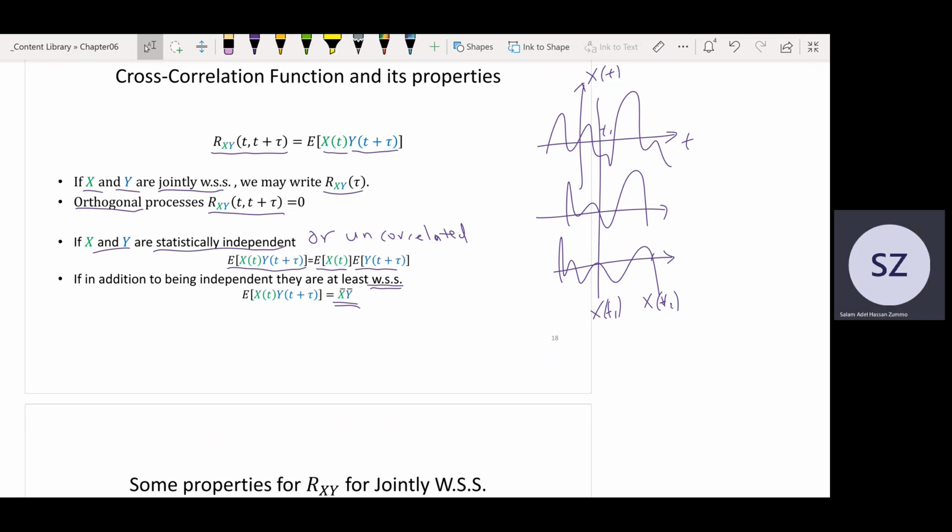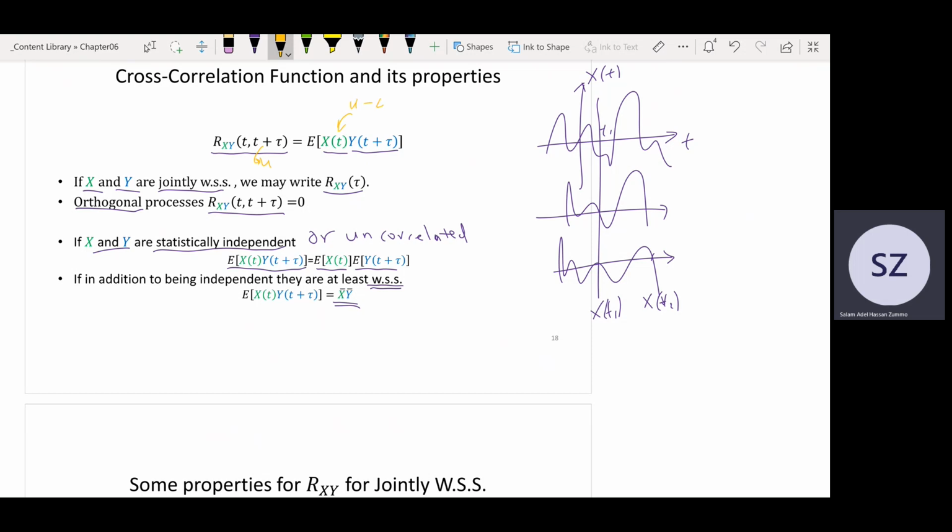if you substitute here, for example, let's say that I call t plus tau as U. So t plus tau is U. Then what will t be? This will be U minus tau, right? If this is equal to U, then what is t equal to?